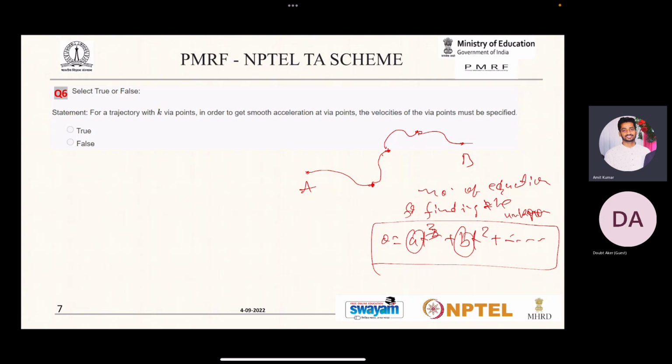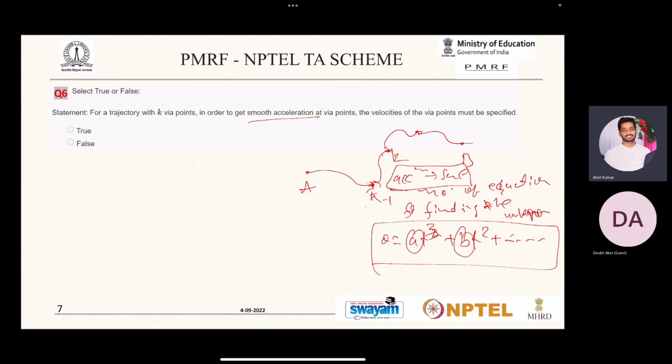But when we want a smooth acceleration, not only the velocity of the via points will be specified, rather the acceleration should be specified, so that we can get a smooth acceleration. Because whatever acceleration is here, that will be the same acceleration here when you start from the new via point. Suppose this is the k minus 1 via point and this is k. At the end of the k minus 1 segment and at the starting of the next, the acceleration should be the same.